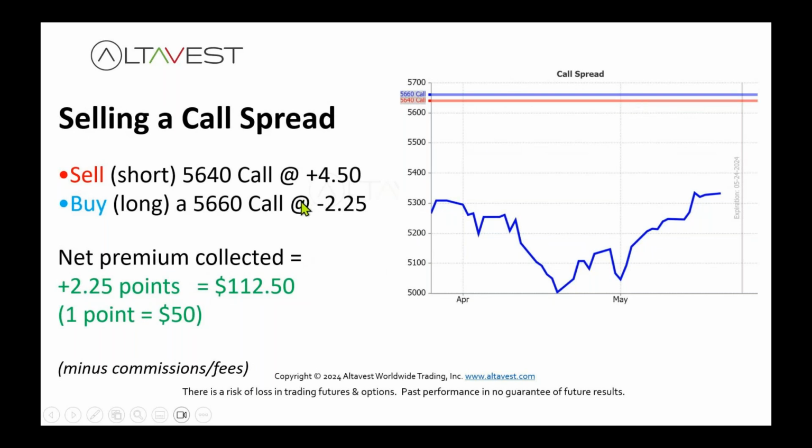And the net result here is you collect 2.25 points or $112.50 per spread, minus any commissions, of course. And that's the net credit on that position. And you want the market to stay essentially below, fairly much lower than this line in the sand, this red line in the sand here.